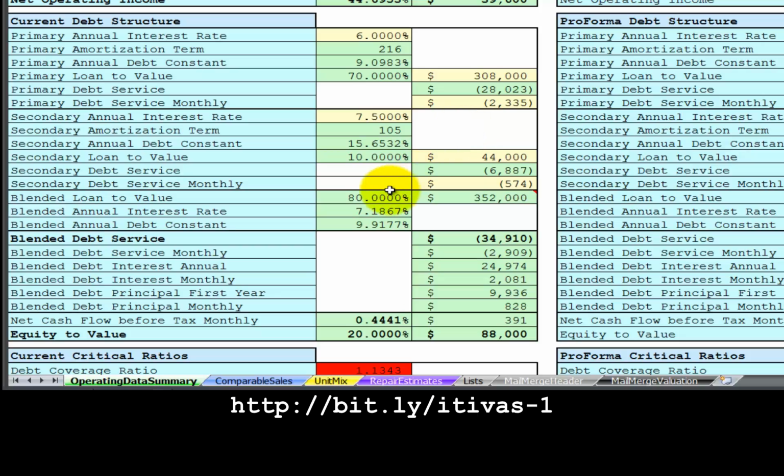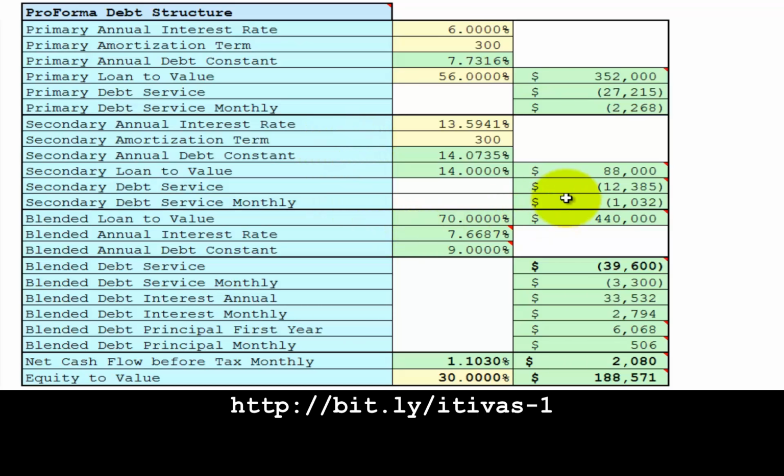Then we calculate the debt parameters to wrap the existing debt with a primary debt structure and wrap the owner's equity with a secondary debt structure.